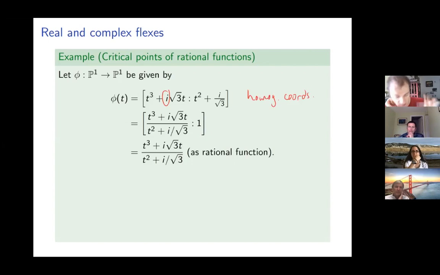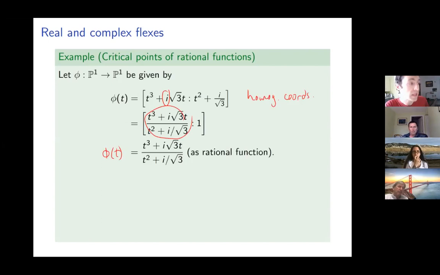So instead of writing it as a polynomial and another polynomial, we're going to divide and write it as this ratio here with a 1 on the other side. And so this map from P1 to itself, if you think of it as a rational function of one variable, it just means this ratio here, t cubed plus, okay, I mean this formula with t in it.